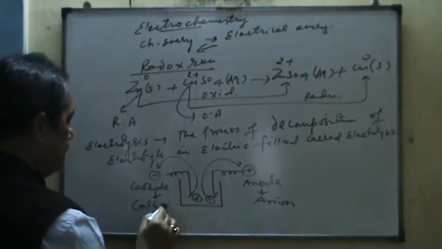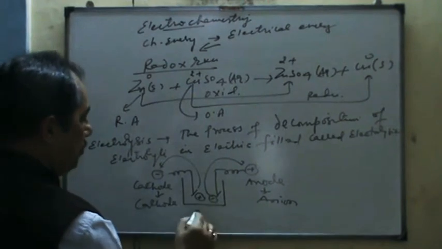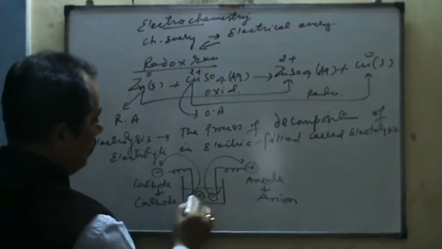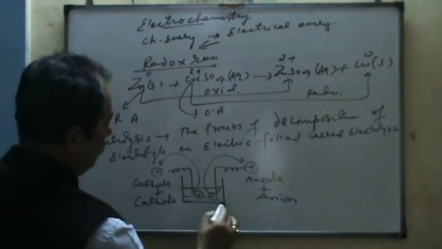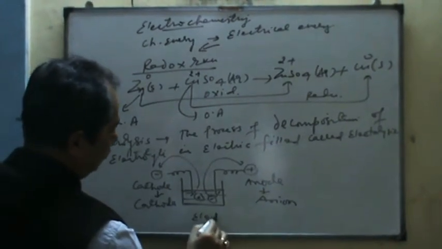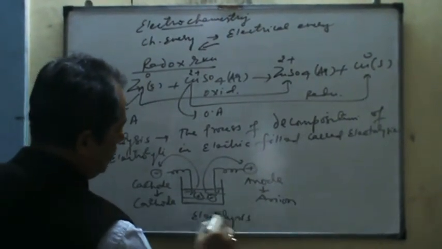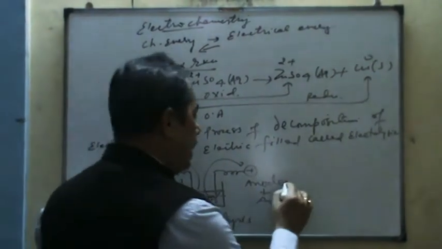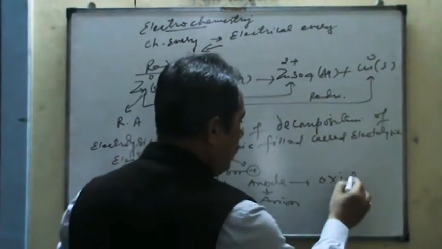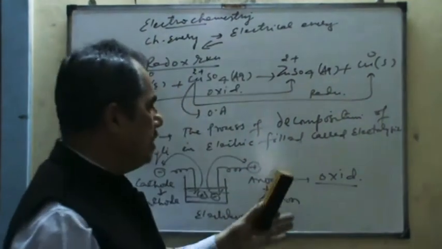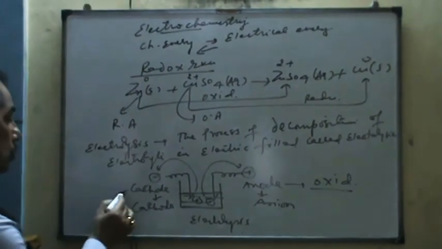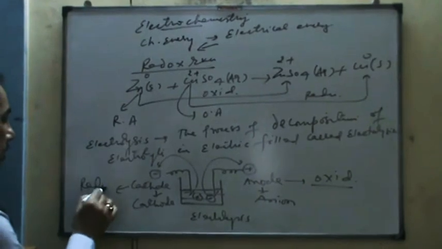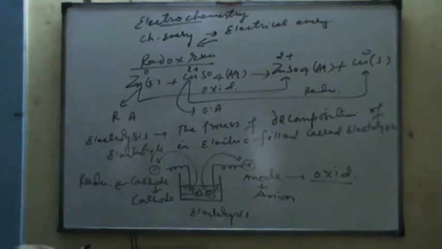Cation. That is the process of electrolysis. It takes place in a single beaker or container. So always keep in mind, at the anode oxidation takes place, and at the cathode, always remember, what is that? Reduction.